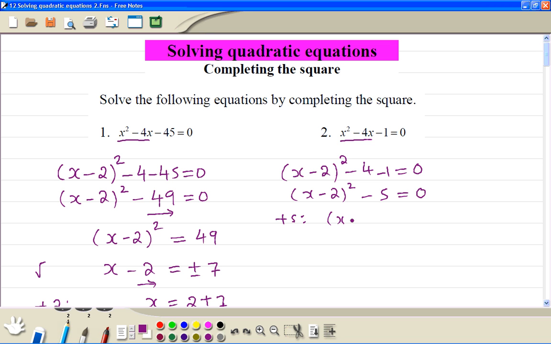So we have x minus 2 all squared equal to 5. Take the square root. We have x minus 2 equal to plus or minus root 5. Add 2 on both sides. We have x equal to 2 minus root 5 or 2 plus root 5.